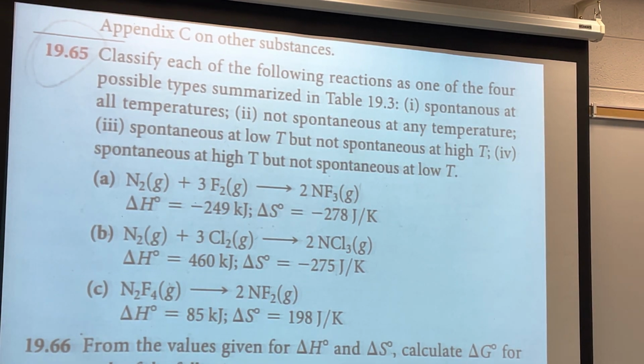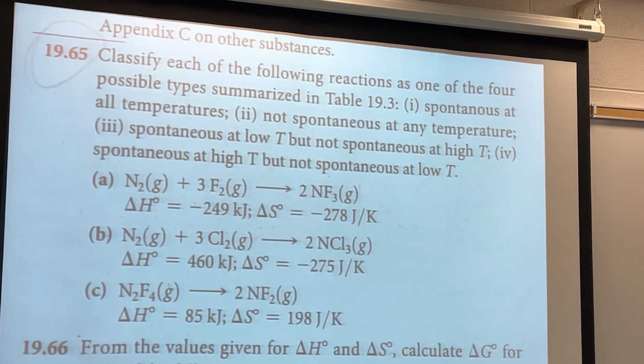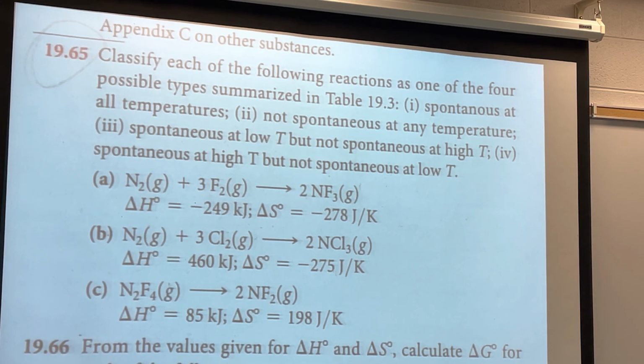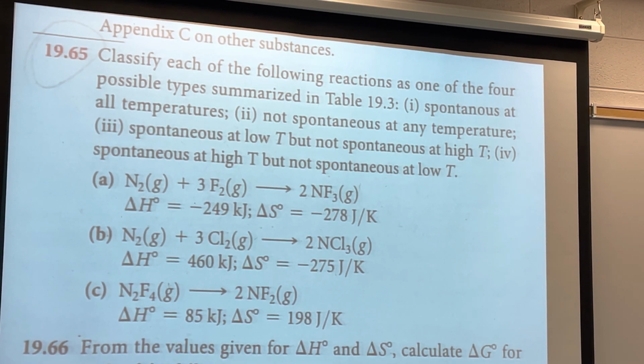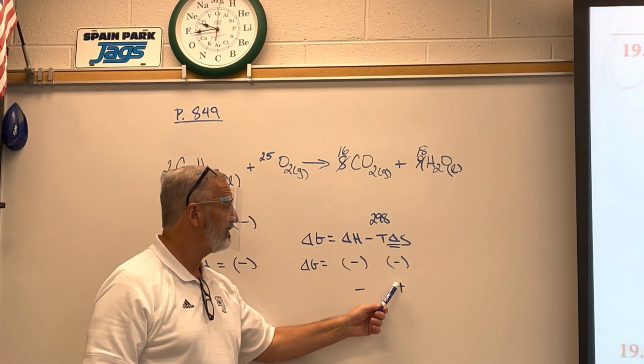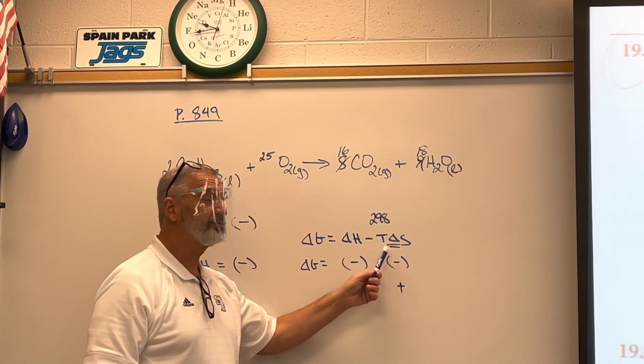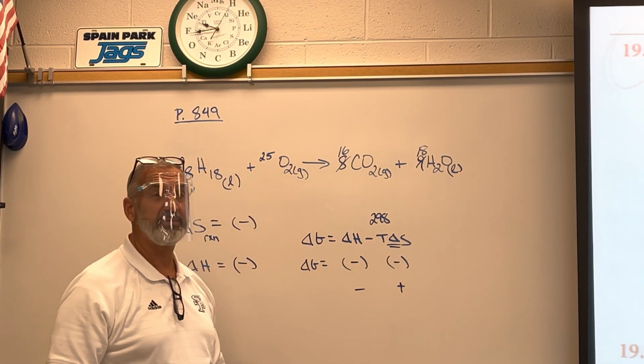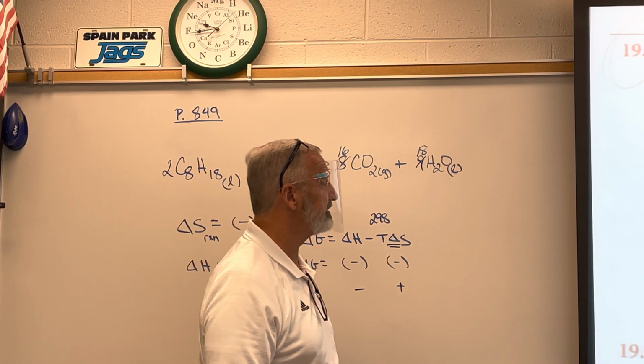If it's a negative and a negative, that's really going to be a minus, minus, a minus, so it's really a minus and a plus. So as long as temperature is low, this term is going to be smaller than delta H. But at some point temperature T, it's going to cross over, and this term is going to be bigger, and it'll become non-spontaneous, so it's only spontaneous at low temperatures.